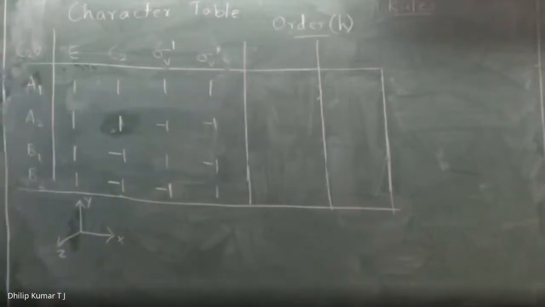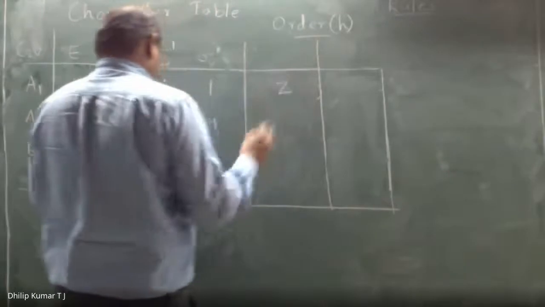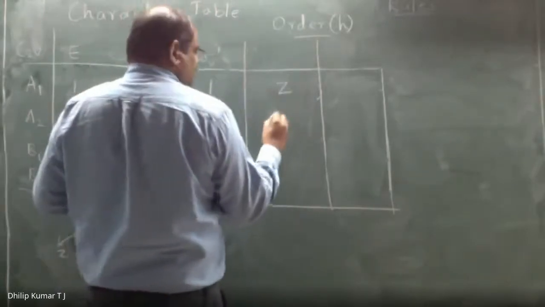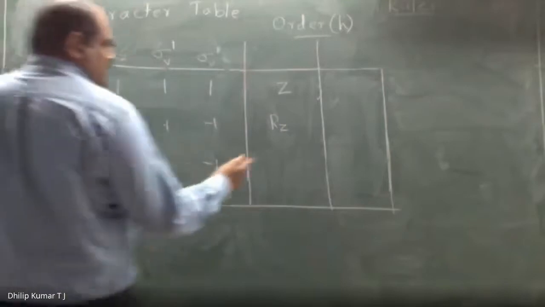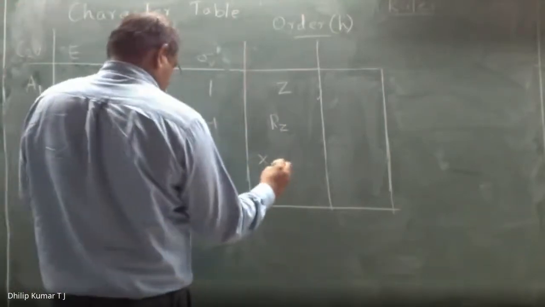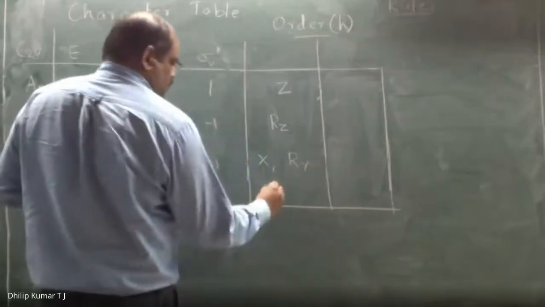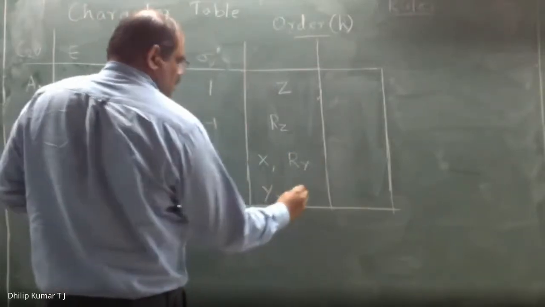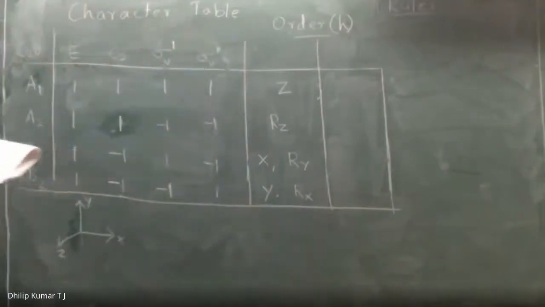For A1 it is Z, and A2 is RZ. B1 is X or Y, and B2 is Y and RX. This is for the translation and rotation vectors.